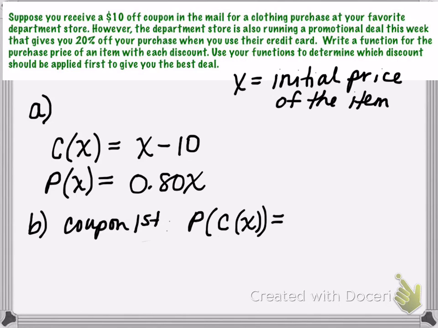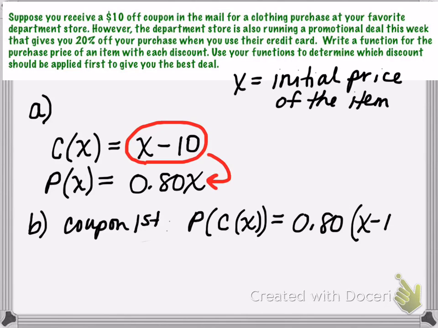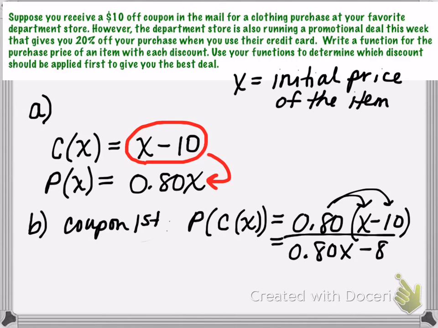We're taking the coupon function and it becomes your input. You're substituting it into your P function, your percentage function. That would be 0.8 times the quantity x minus 10, which if you distribute gives you the expression 0.8x minus 8. That would be the new function if you apply the coupon first.